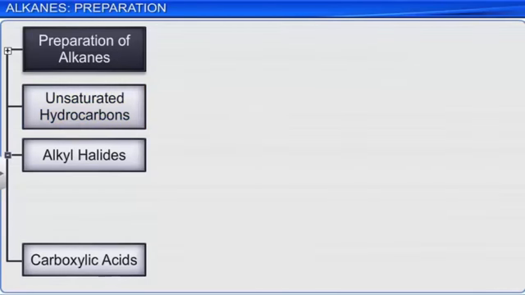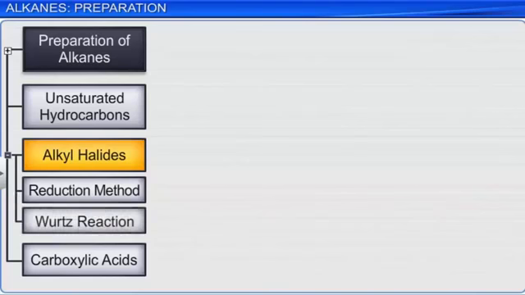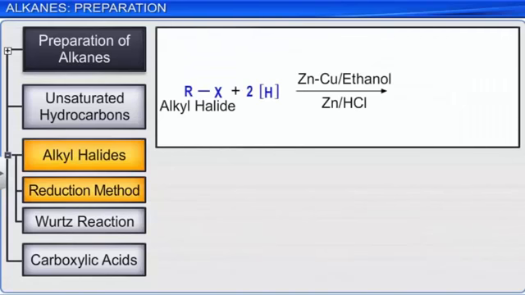To obtain alkanes from alkyl halides, we can either use the reduction method or the Wurtz reaction. Alkyl halides on reduction with reducing agents such as zinc-copper couple in ethanol or zinc and dilute HCl give alkanes.